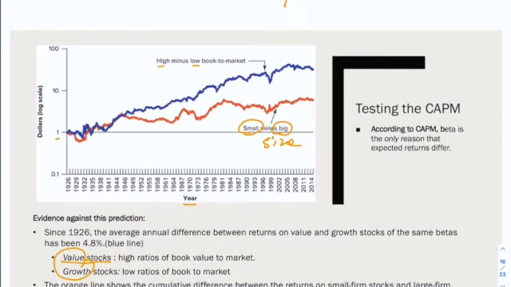That means not only beta matters, the smaller stocks have a premium over big stocks, although they have the same exposure to market risk. Okay, so we have found two factors other than beta, other than exposure to market risk, that matter in expected return, or at least in average realized return. One is size, and the other is book to market.